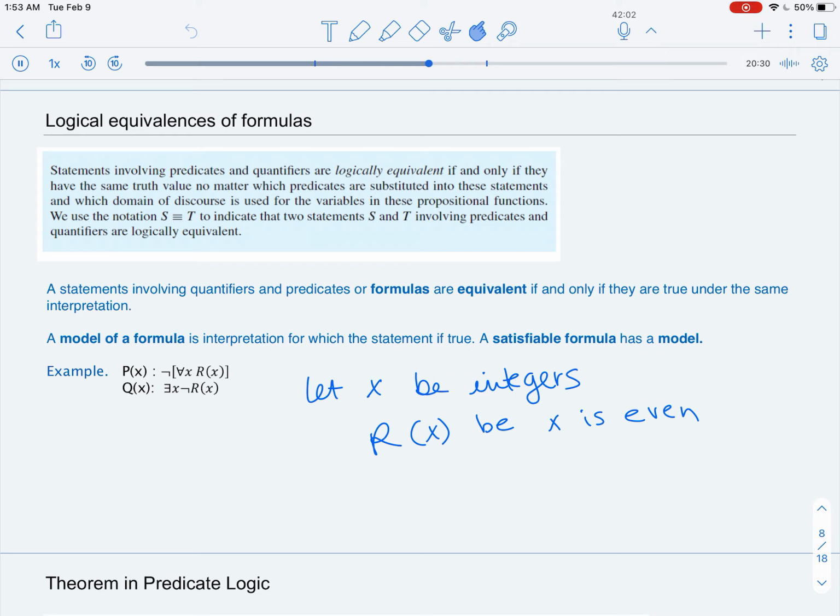And you can check if statements are logically equivalent by considering whether they would have the same truth value with different predicates and different domains of discourse, or specific domains of the variables.